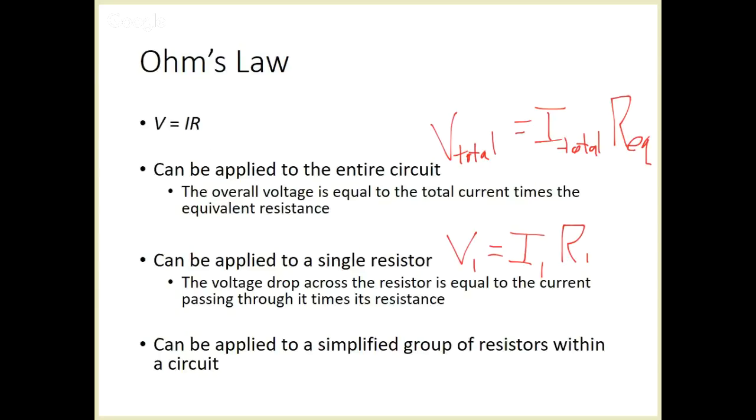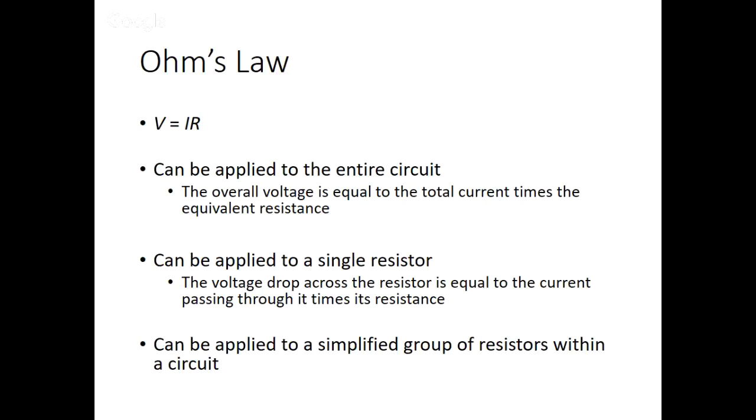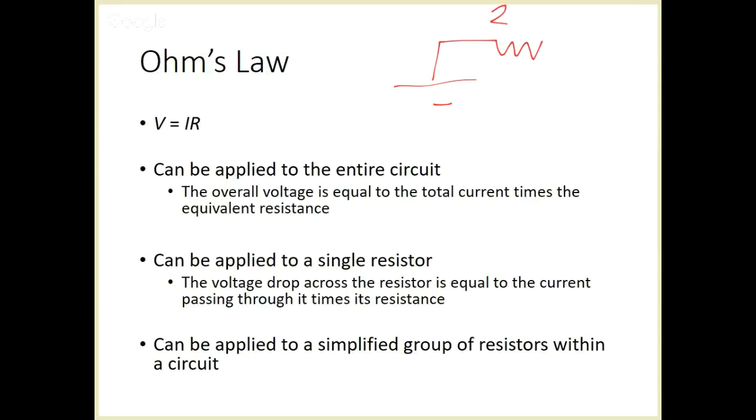What that means is, let's say I've got a circuit where I have, here's a fun reminder, metric prefixes. Let's say I've got a resistor here, and that's 2 ohms, and a resistor here, and that's 3 ohms, and then I've got two resistors on this leg, a 1 ohm and a 2 ohm.